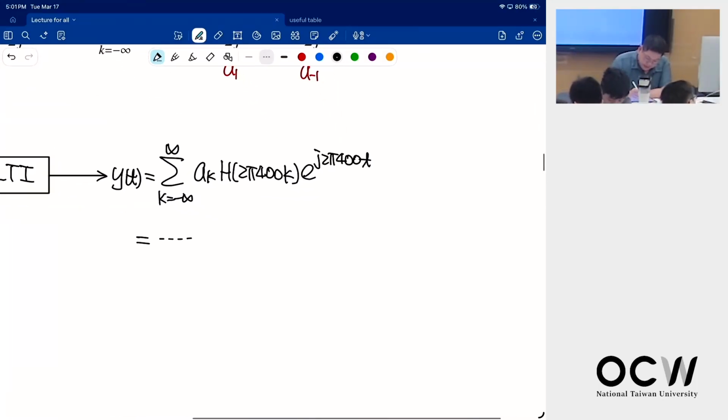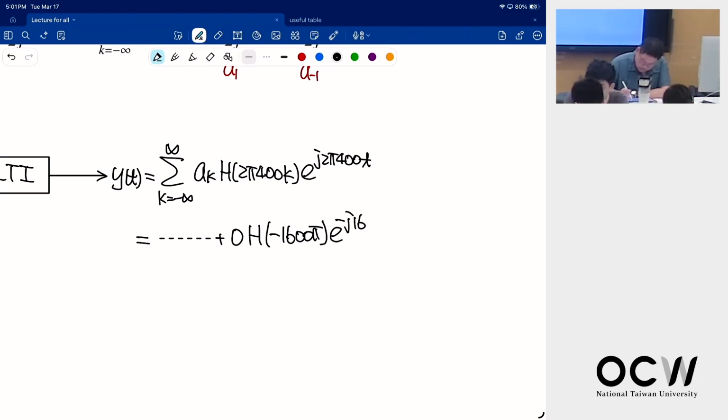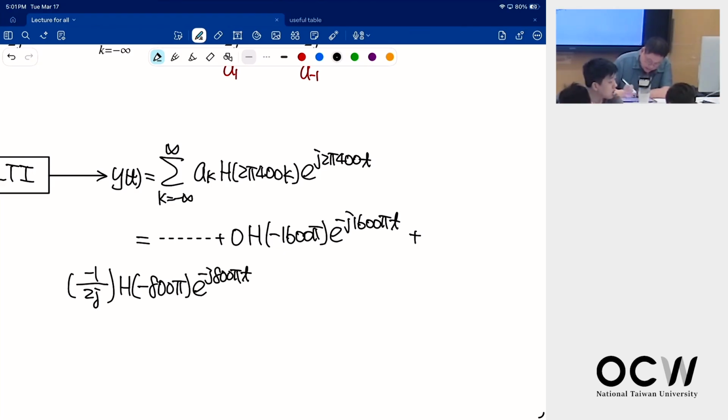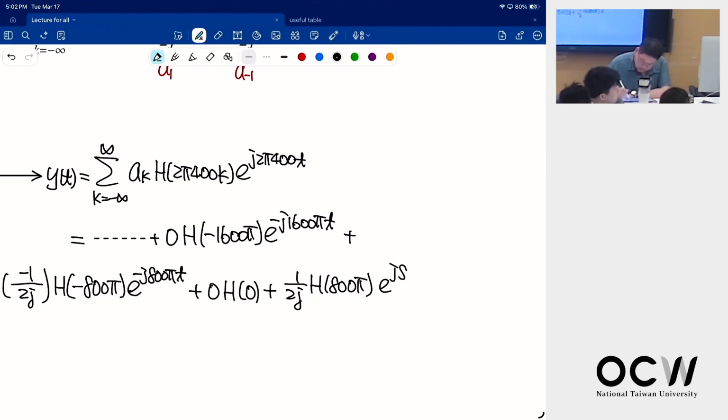If we expand this summation, we should get 0 for A naught, and then minus 1 over 2j, that's, oh no, this is A minus 2, and here's A minus 1, and then A naught and A1.